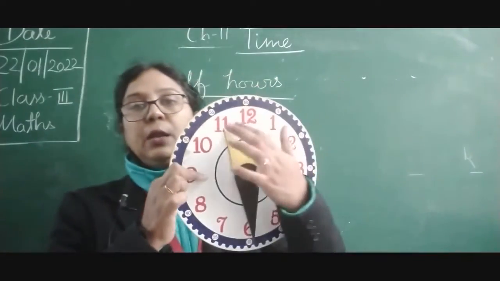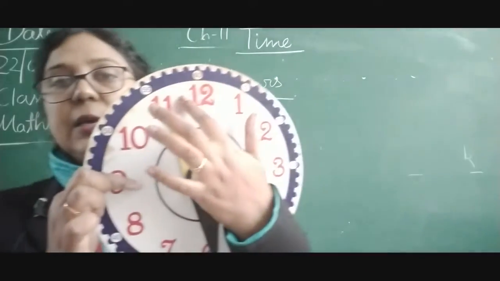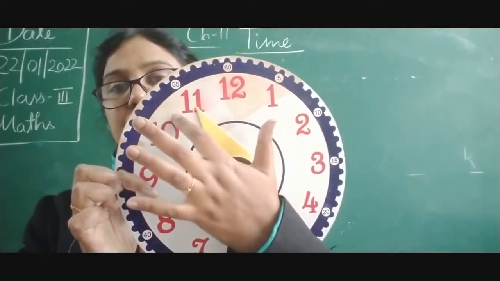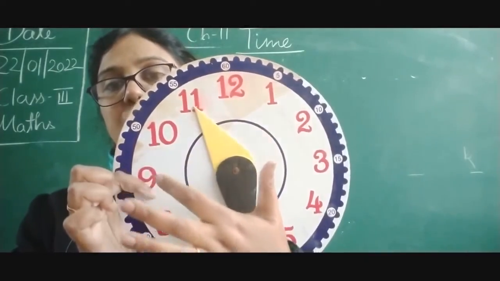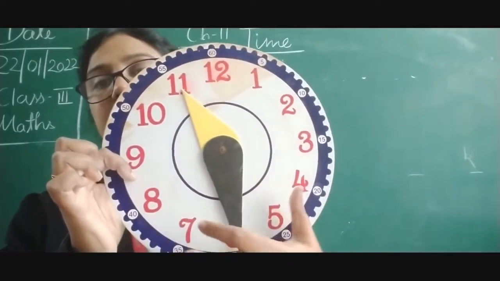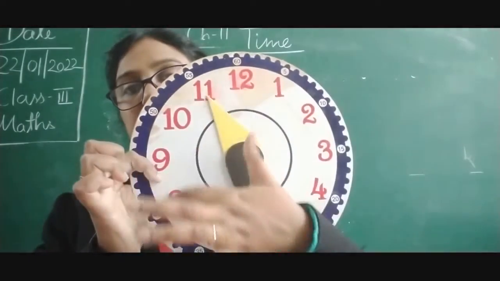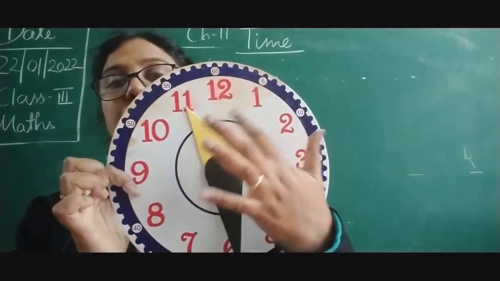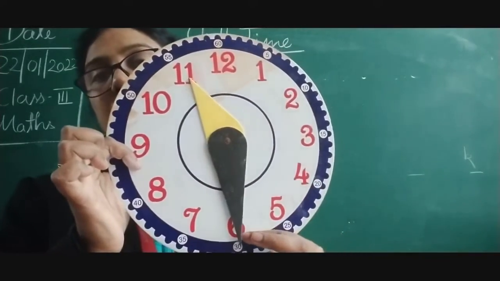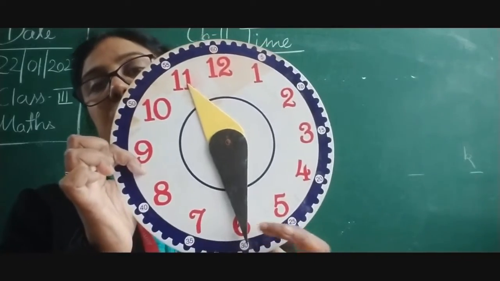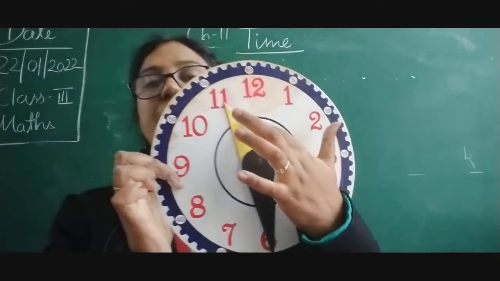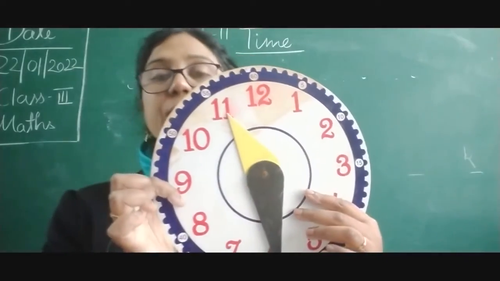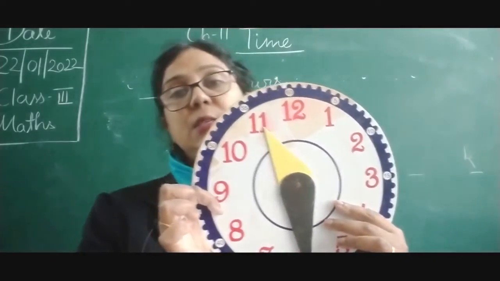As you all know, in between we see a 5 minute difference, and if we count it, 5, 10, 15, 20, 25, 30, it is 30 minutes. Half a clock is divided into 30 minutes. So if our bigger hand is at 6 and the shorter hand is at any number, we can call this half past 10, half past 11.